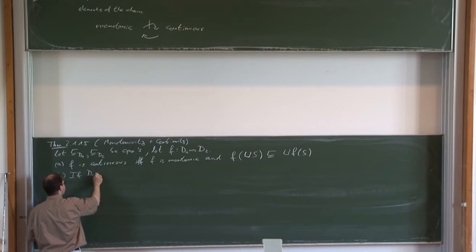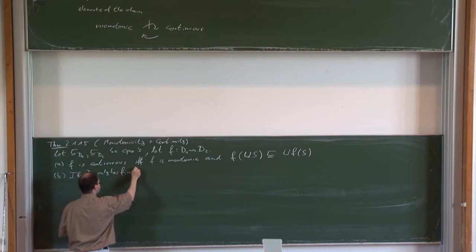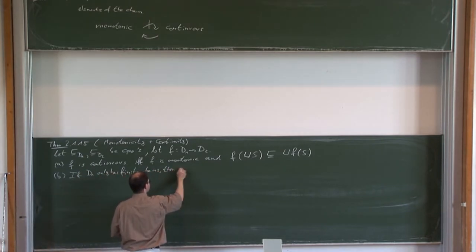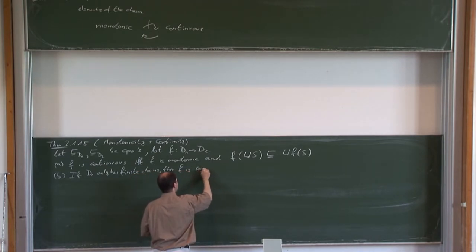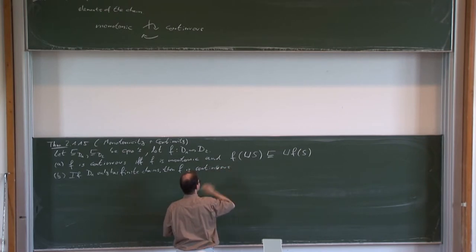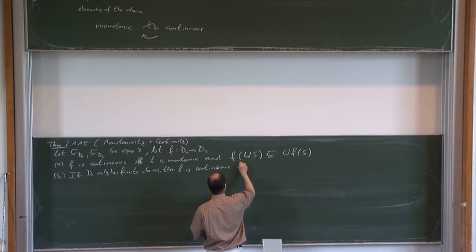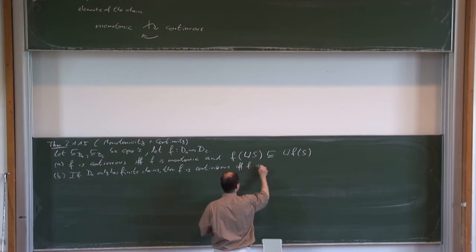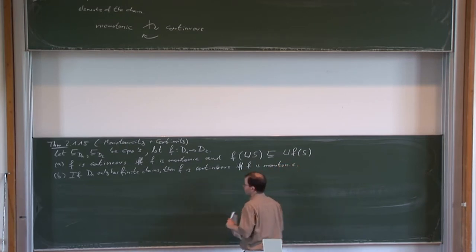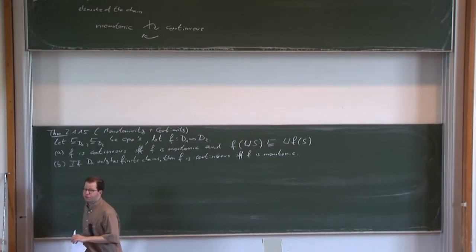So if D1 only has finite chains, then indeed f is continuous if f is monotonic. So this difference only plays a role if there are chains of infinite length.